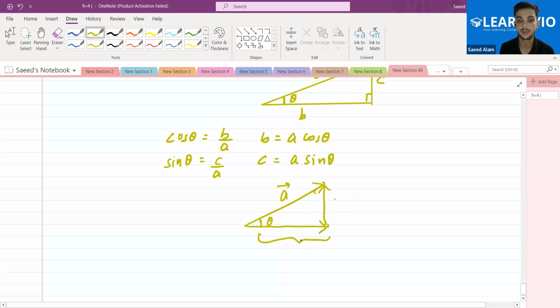What will this form be equal to? A is equal to AI plus AJ.